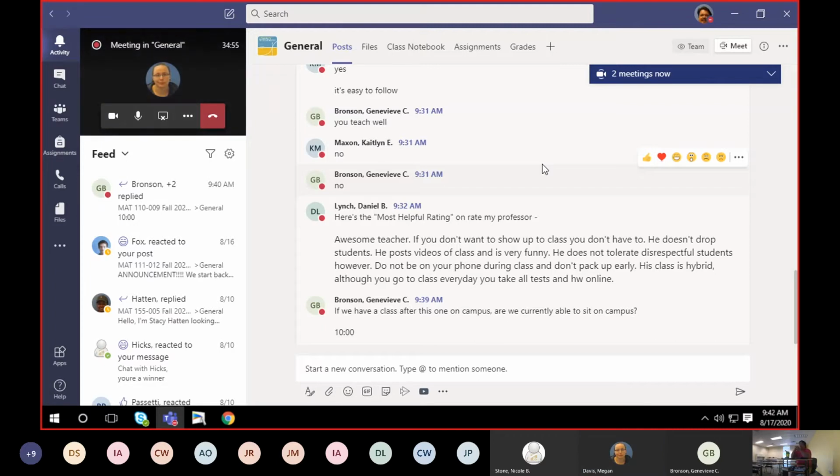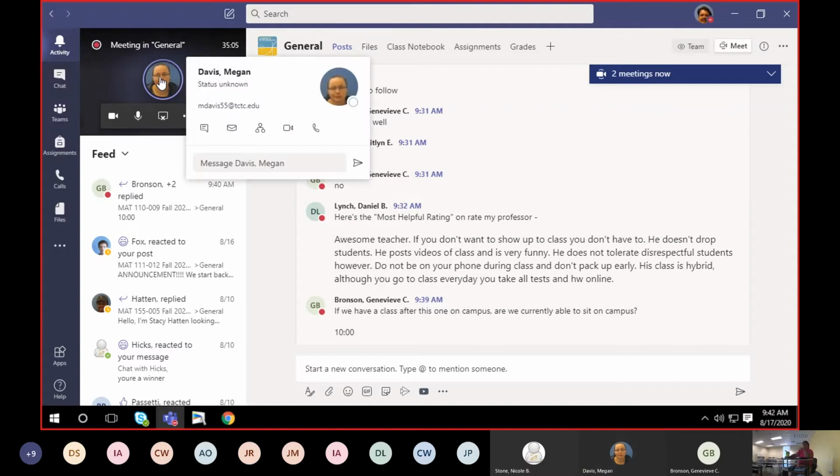A lot of people use Zoom, but if I wanted to find you, Miss Davis, on Teams, all I would have to type in is Davis and M, and I could find you because it's internally secured with Tri-County Tech. The same with Skype for Business and the same with Collaborate in Blackboard whenever it's up.